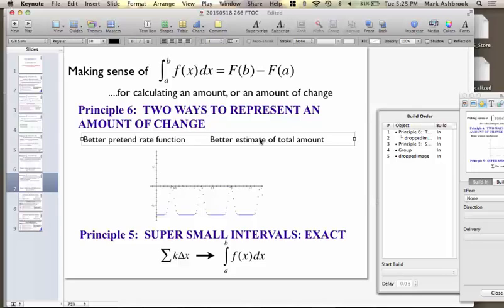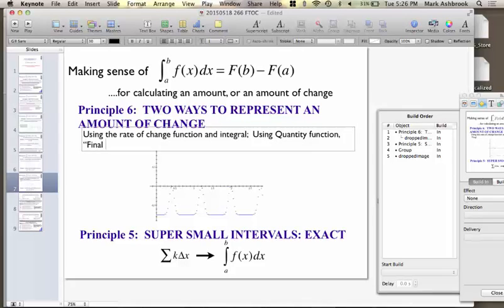Okay, so one is using the rate of change function and an integral. And using the quantity function, final minus initial.